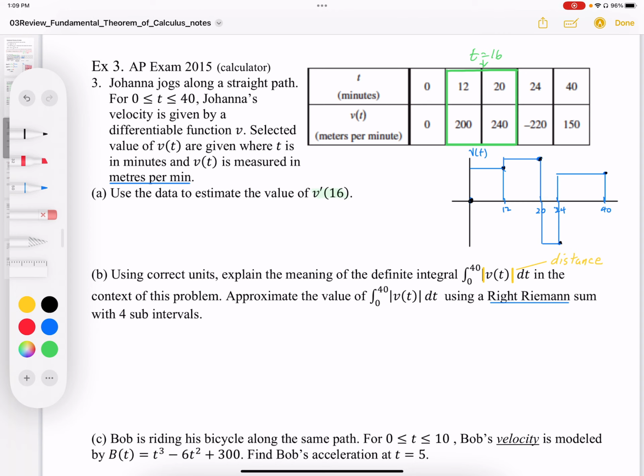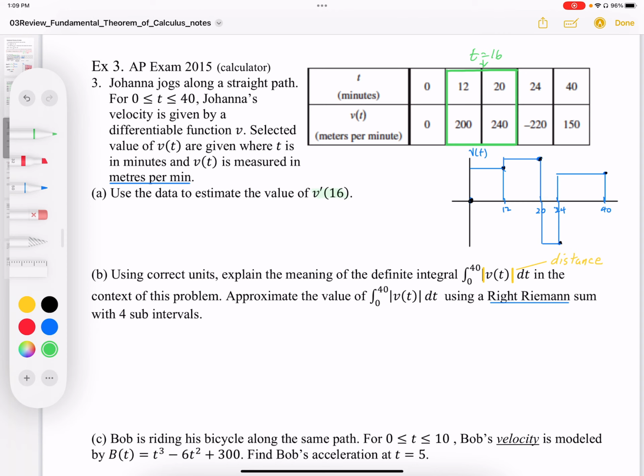And to do that, what we want to do is take the average slope between points that 16 lies in between. So t equals 16 is in between 12 and 20, which I've highlighted in green. So we're going to take the slope between those 2 points and say that's the estimate of the derivative at 16.